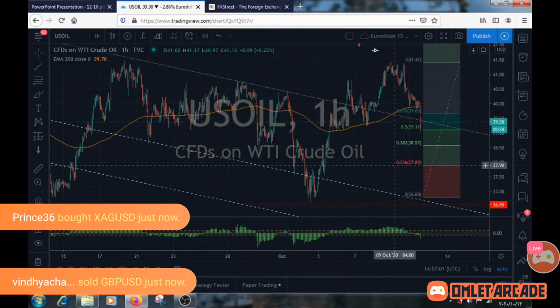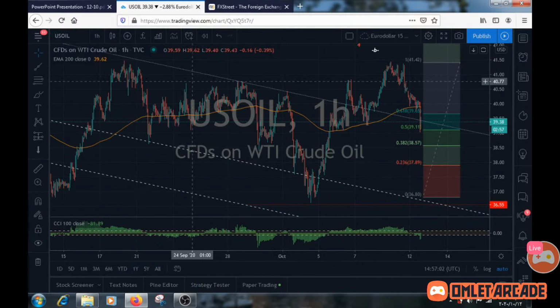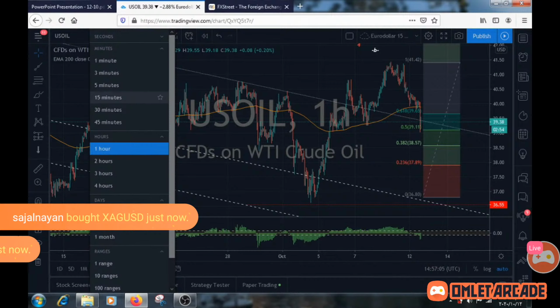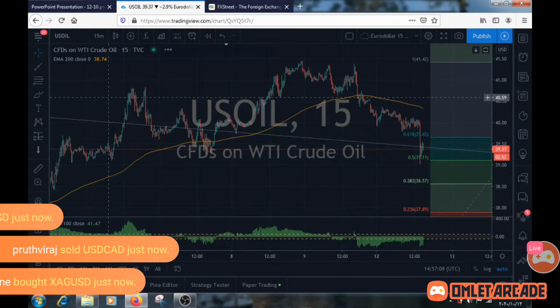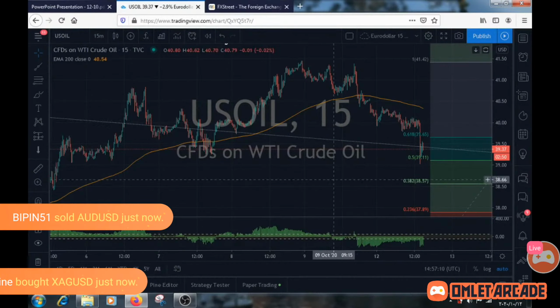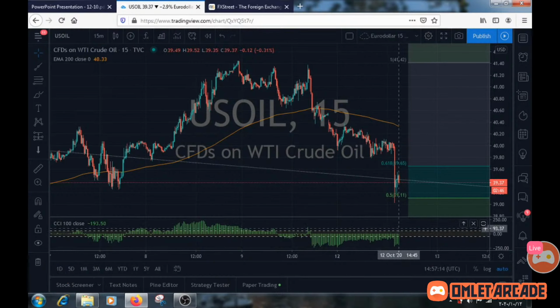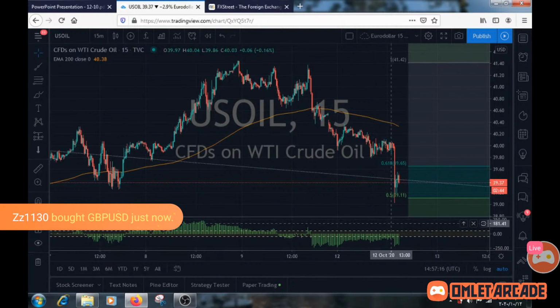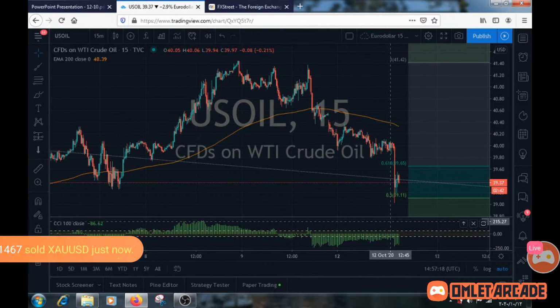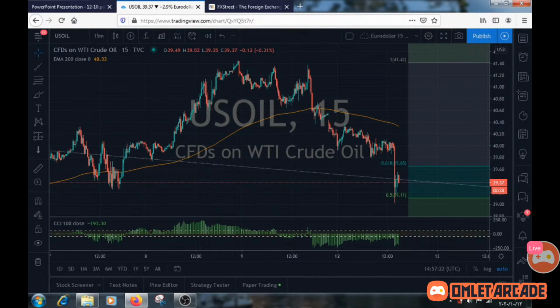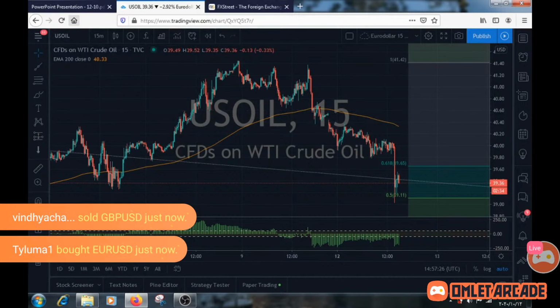This is of course an hourly chart. Once we begin to see positive momentum on the 15 minutes, like now we appear to be having an engulfing candle, we would expect this to go higher to 42 and ultimately 44. And that will be our position.